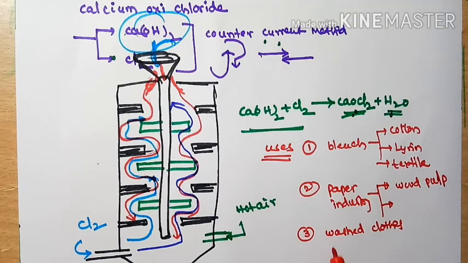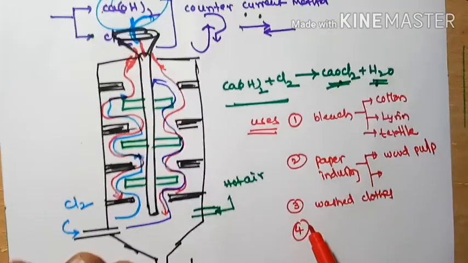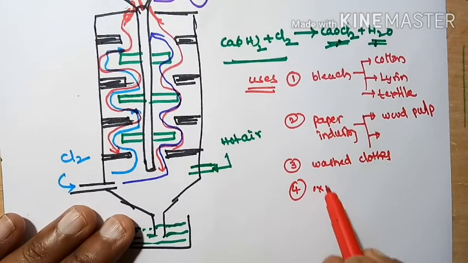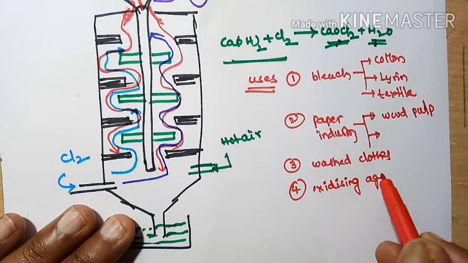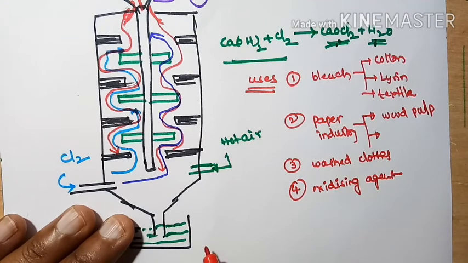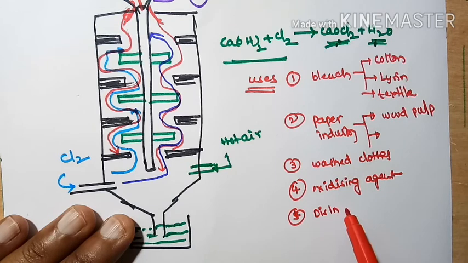Next, it is used as an oxidizing agent in many chemical industries. That means it gives oxygen, and that oxygen oxidizes other substances. Next, it is used as a disinfecting reagent in drinking water.